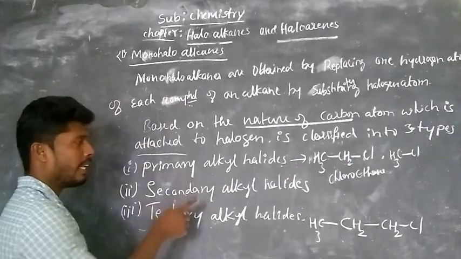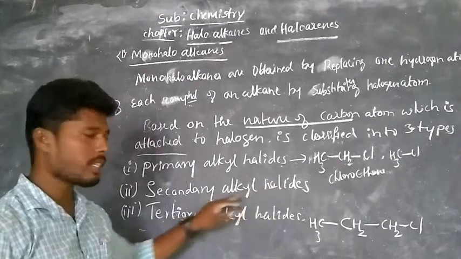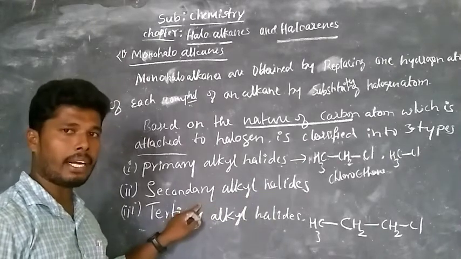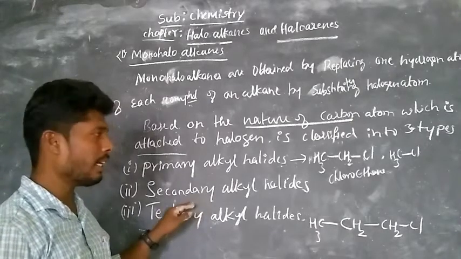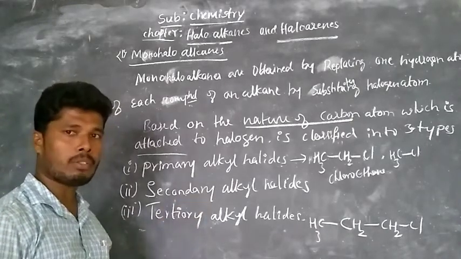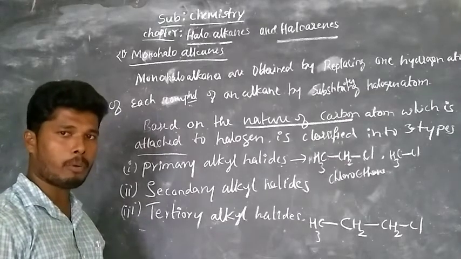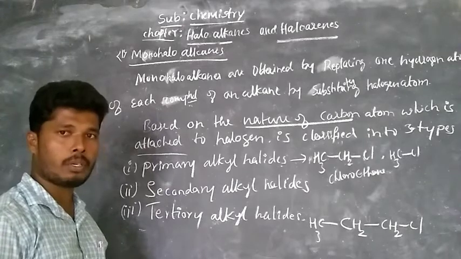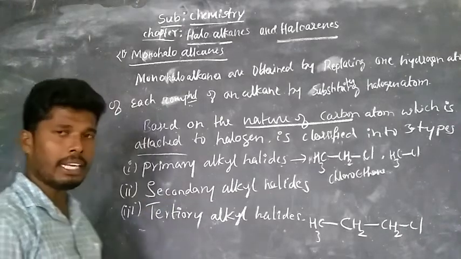Similarly, secondary alkyl halides are defined as those where the halogen atom is connected to a secondary carbon. Since the carbon is secondary, it contains only one hydrogen atom and is interlinked to two carbon groups. Such type of compounds is called secondary alkyl halides.